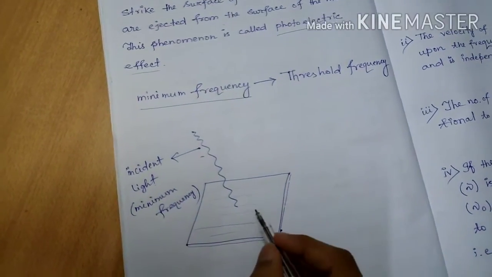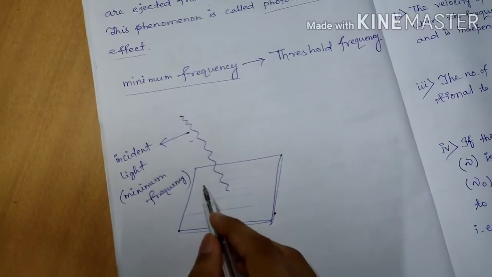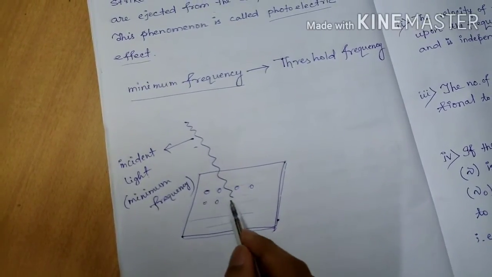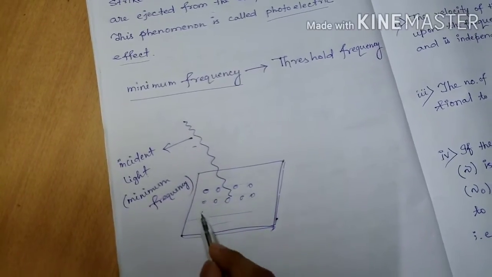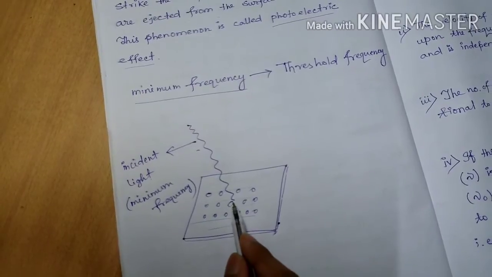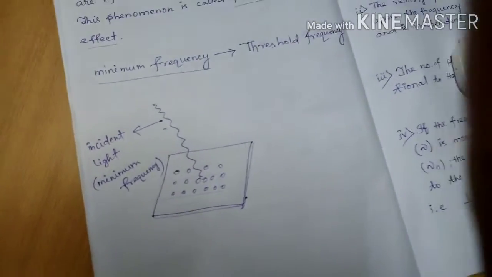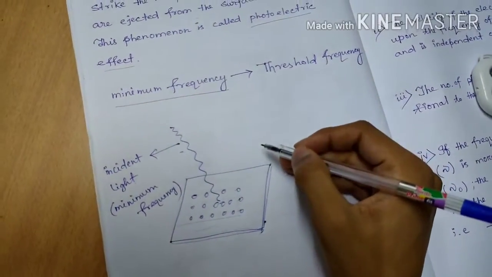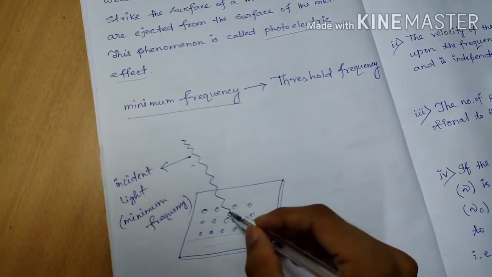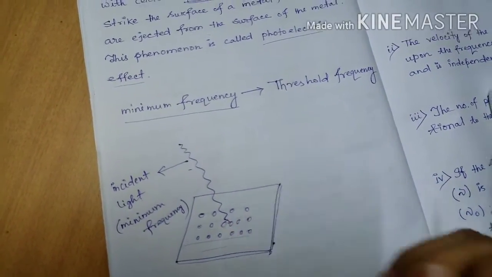Now the electrons present on this surface of the metal, these are the electrons, will be emitted or ejected from this surface when incident light strikes this surface.